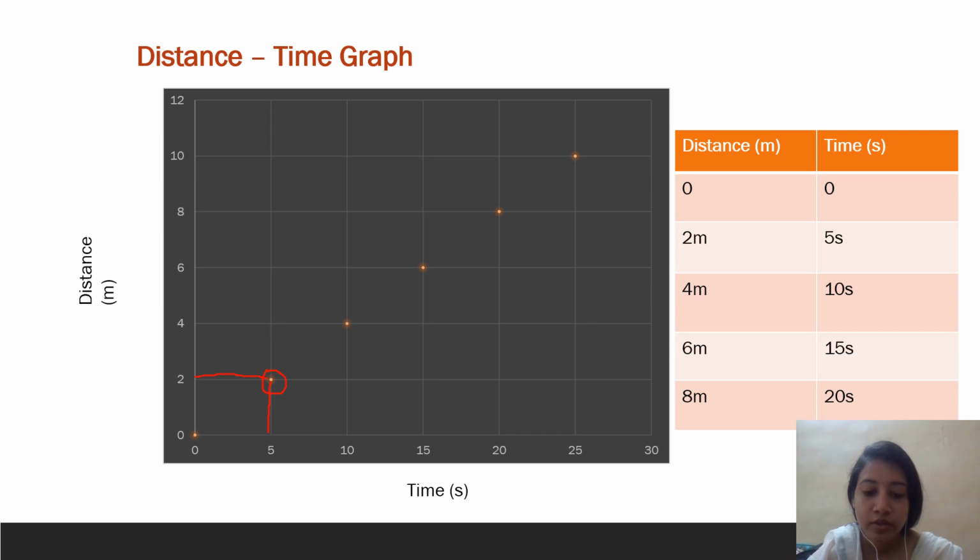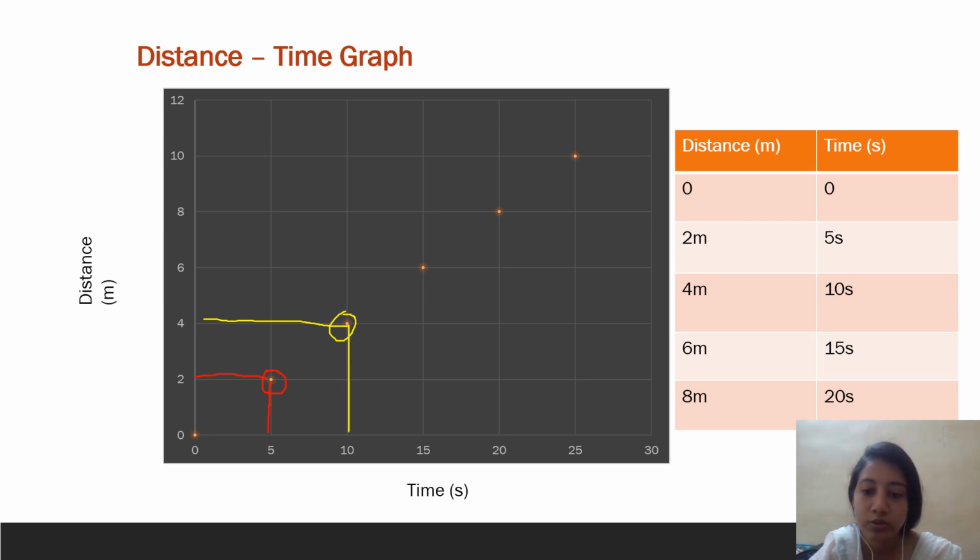And similarly, the next one, when the object travels 4-meter, you can see it comes up to here, and the time taken is 10 seconds. So you can see it comes up to this mark.